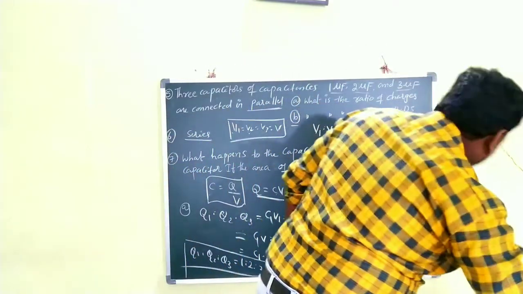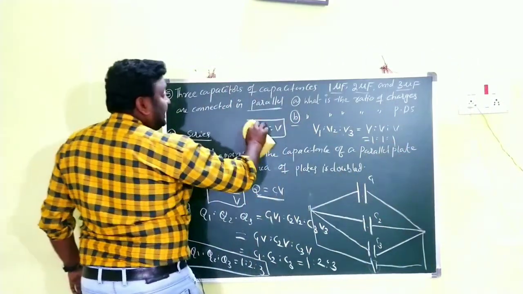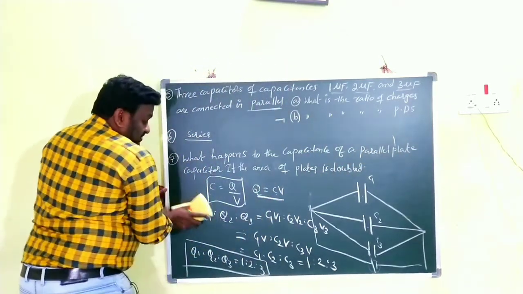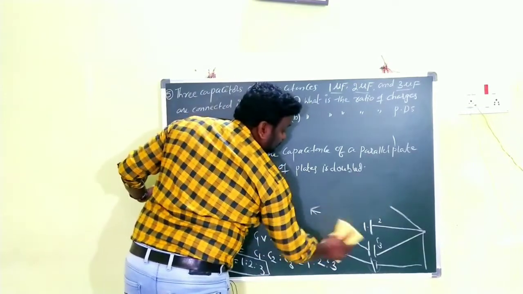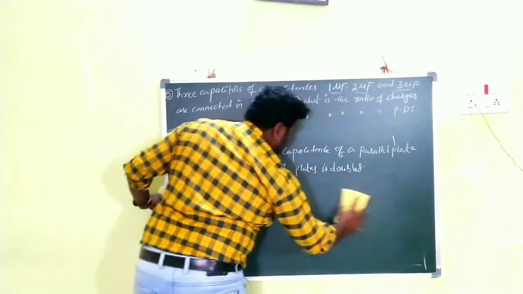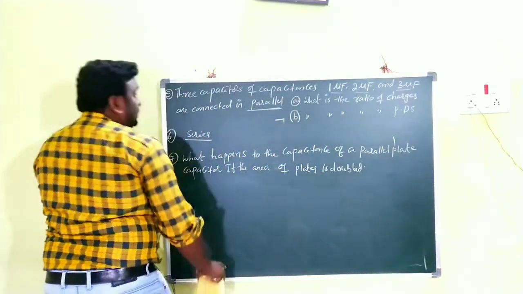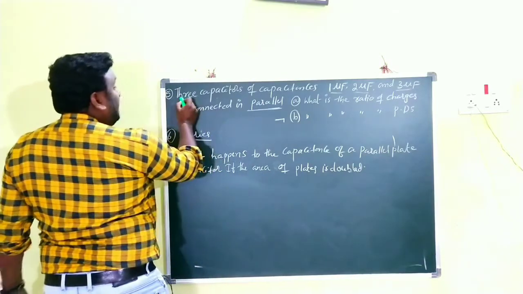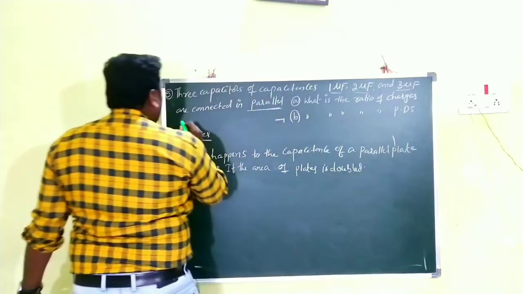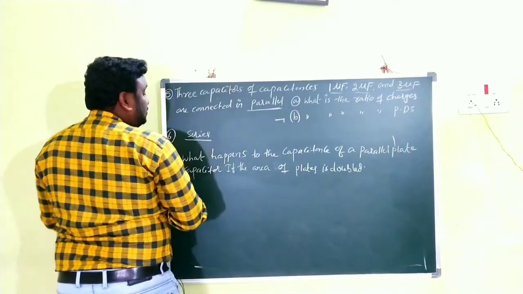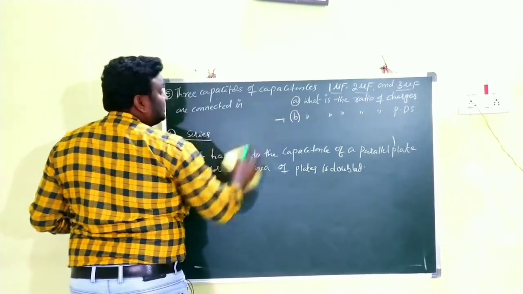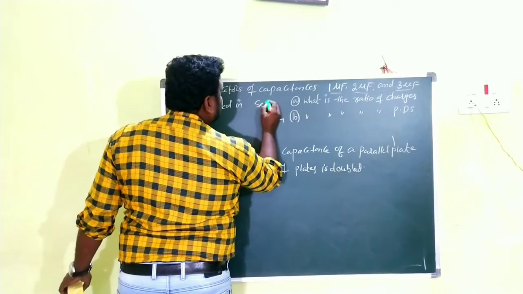And second question, children, is on the board again. Again the same thing, the same capacitors. In the previous problem they were connected in parallel, and now the same question is in series.